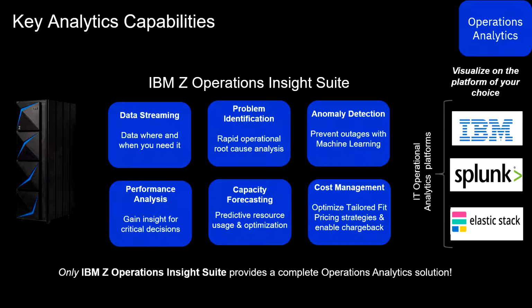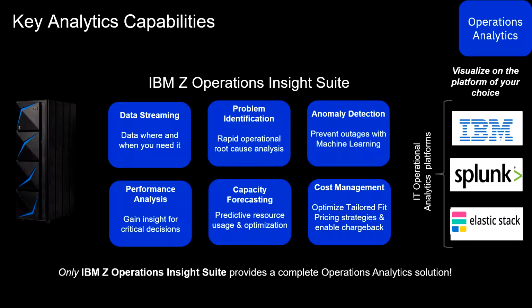Data streaming is one component of the Z Operations Insight Suite. The Insight Suite is a holistic analytics solution comprised of near real-time and historical analytics components. The three blue blocks on the top row represent capabilities found in IBM Z Operations Analytics. We have already looked at z/OS Connect dashboards, which can be used for system monitoring.